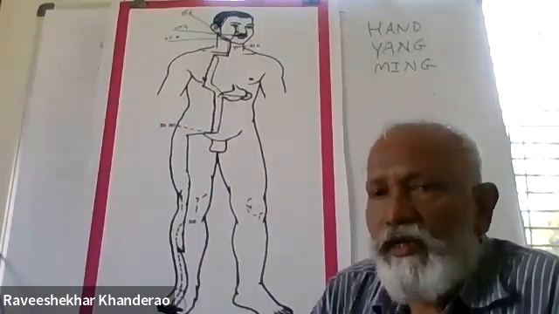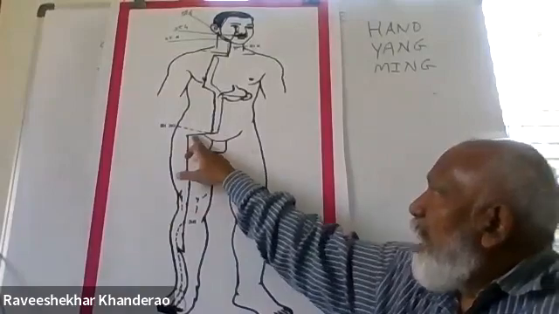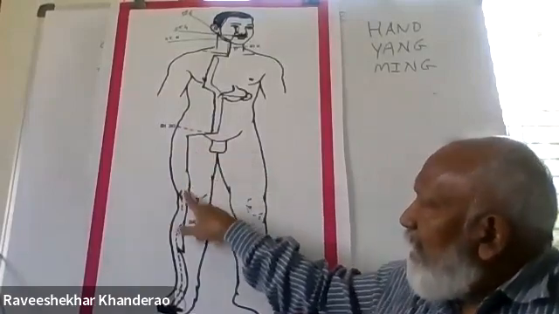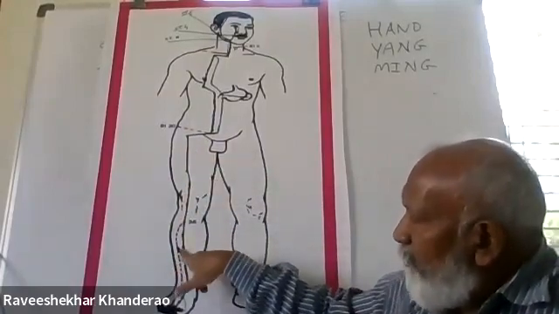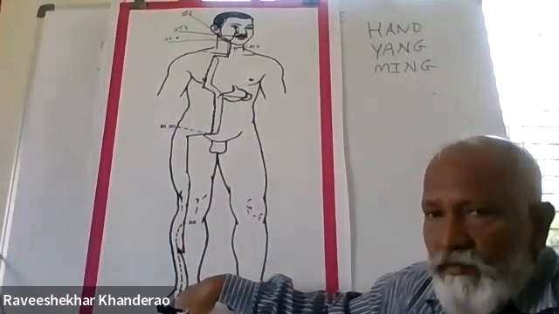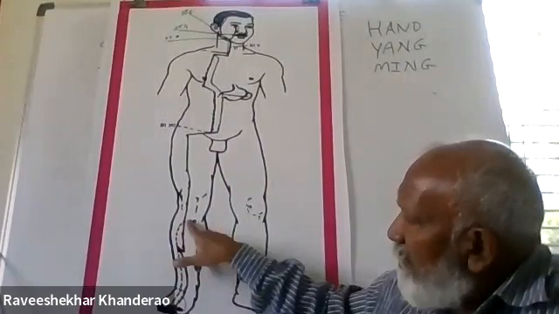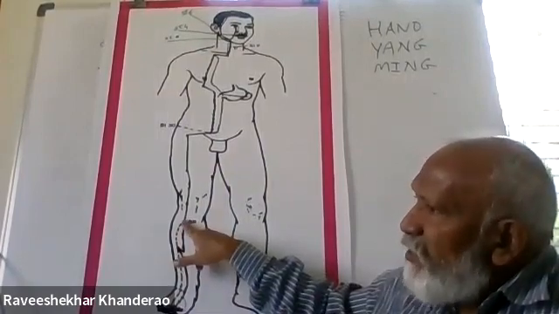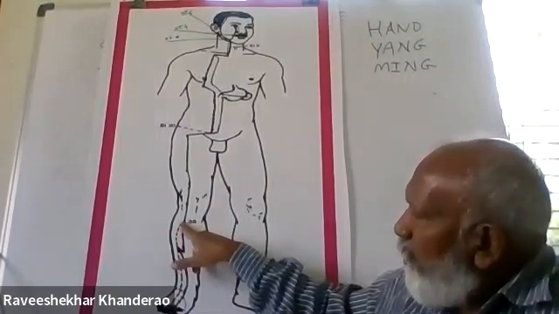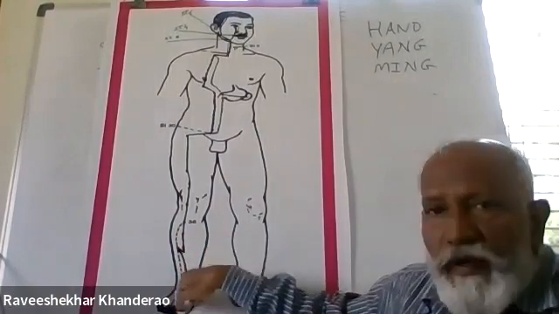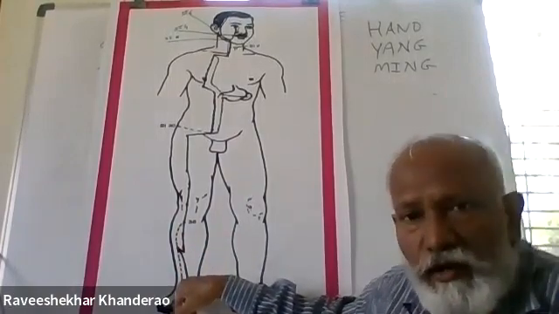Okay. So after going anteriorly and laterally, when it comes down, it meets the second toe, and another branch which arises from three chun below the knee connects to the middle toe.